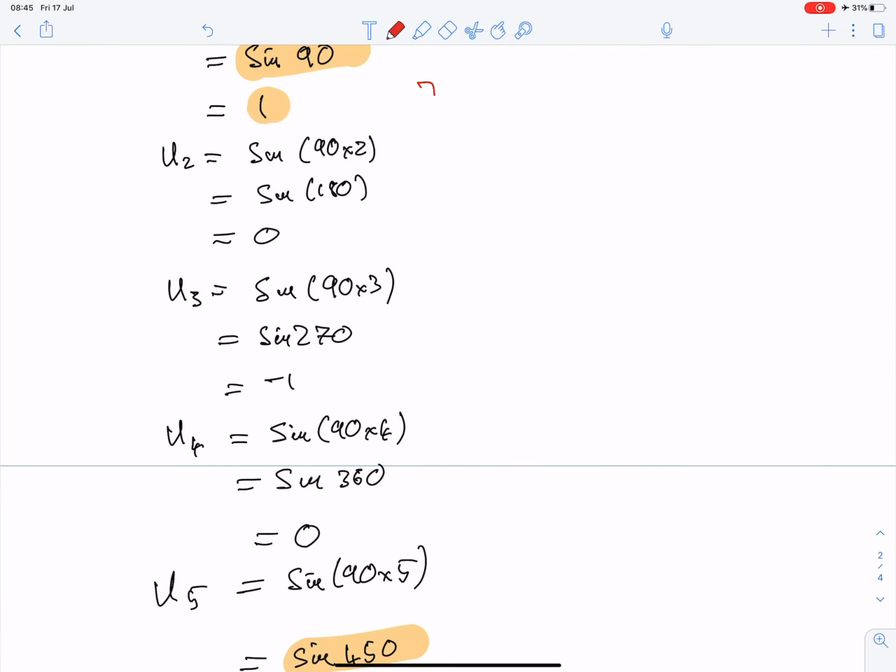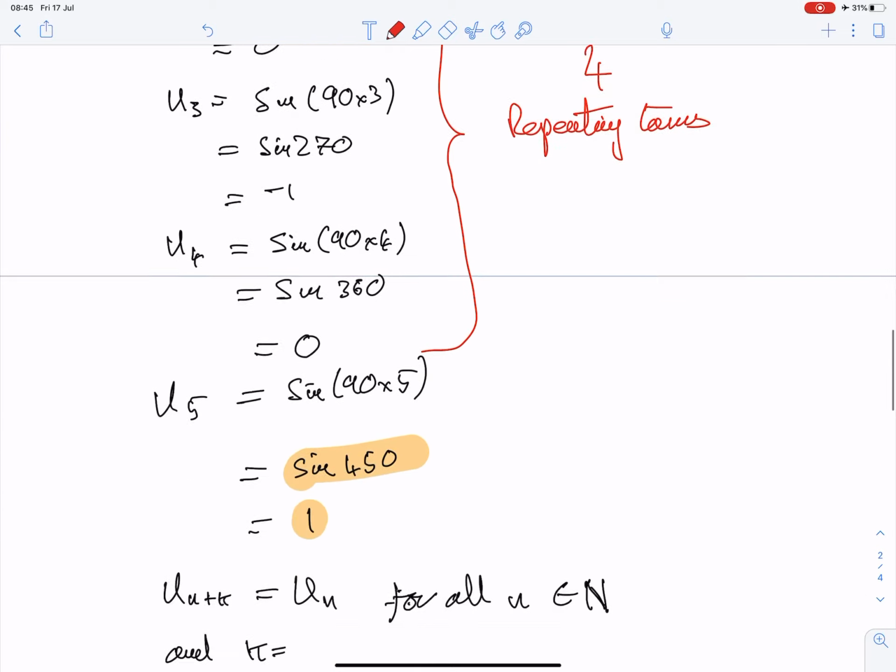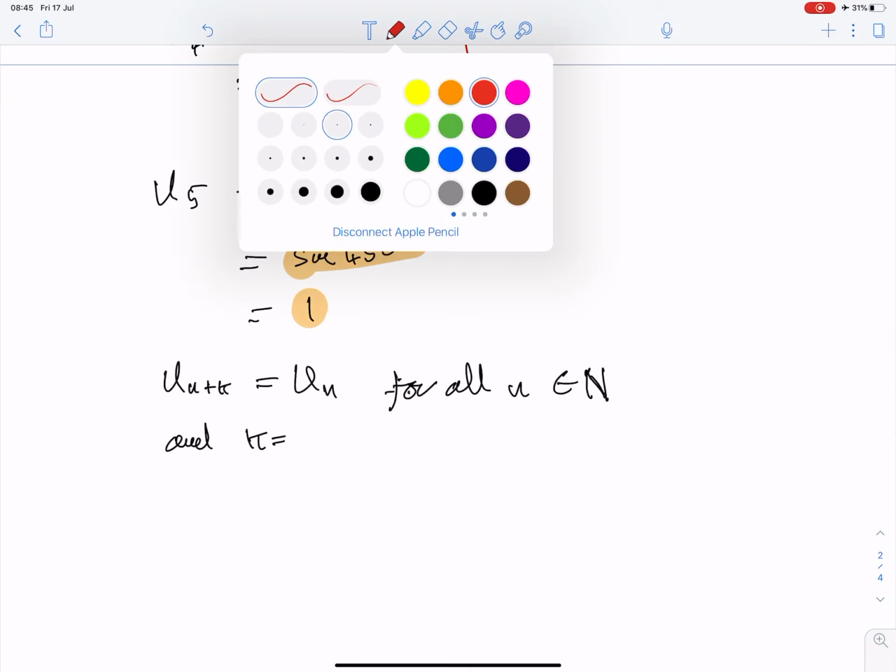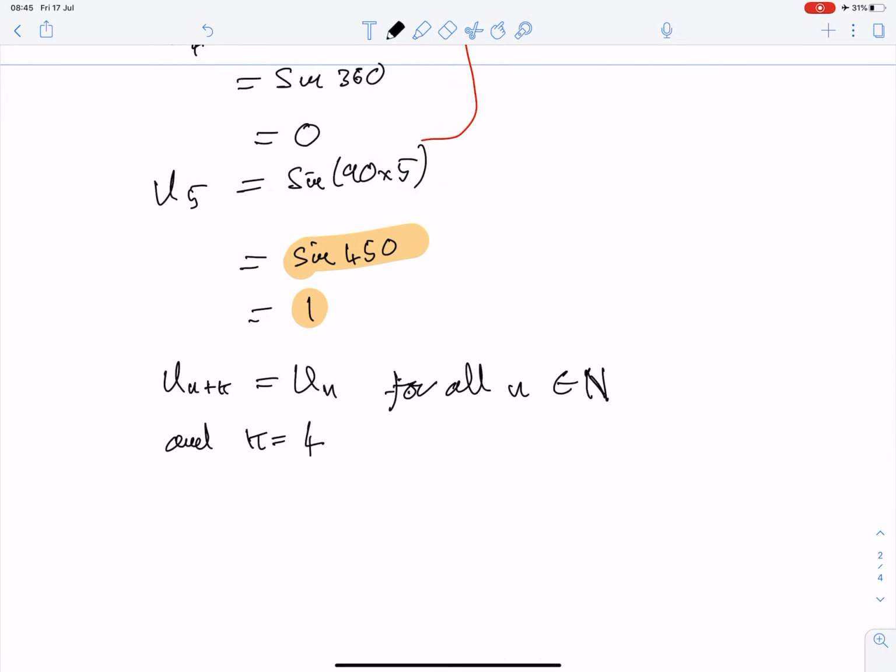So these 4 terms are the repeating terms. So there's 4 repeating terms, so k is equal to 4. un plus k equals un for all n members of the set of natural numbers, and k equals 4, therefore periodic.